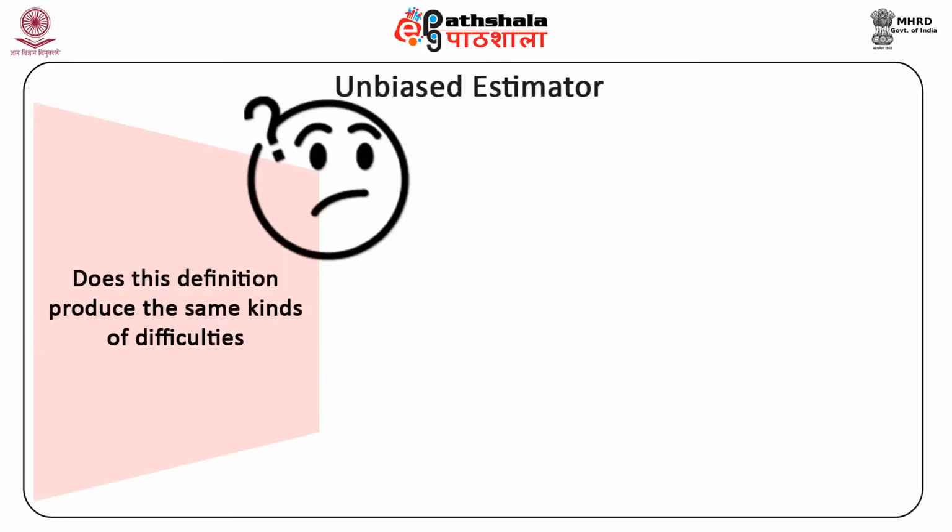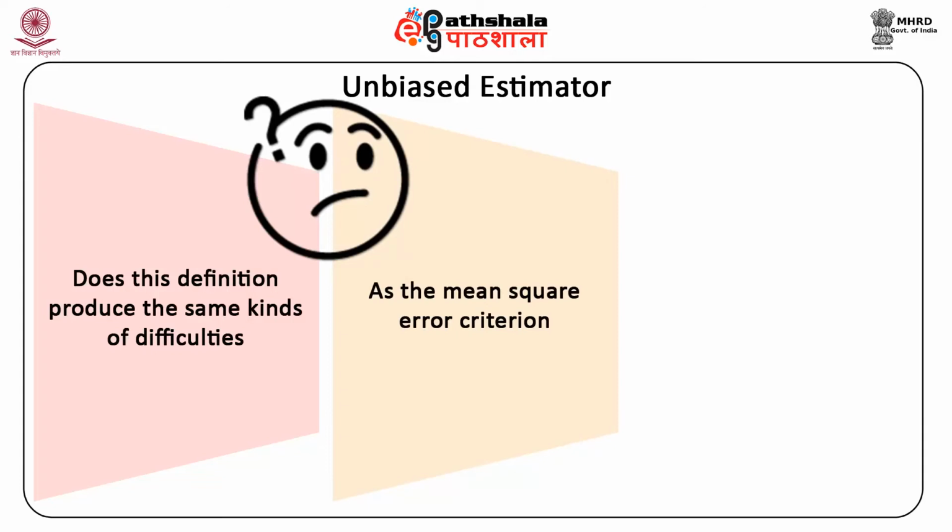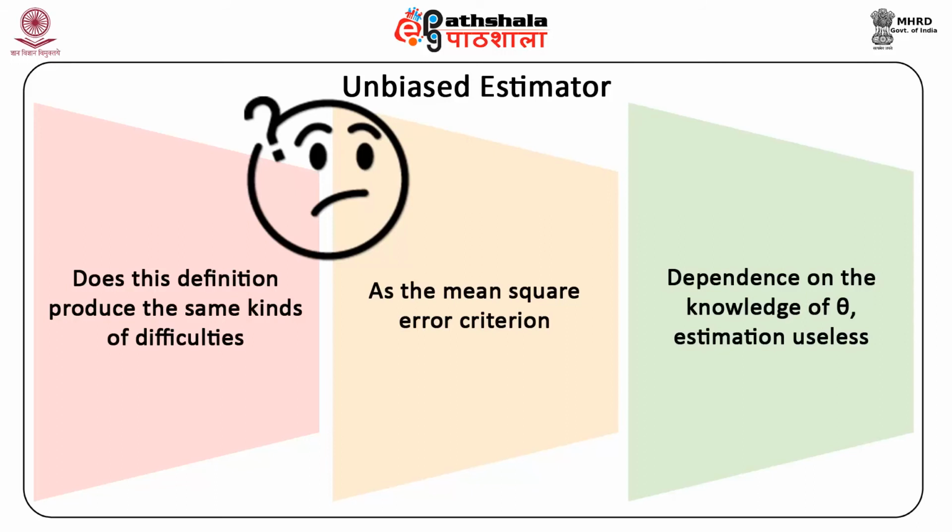Does this definition produce the same kind of difficulty as the mean square error criterion, namely its dependence on the knowledge of theta, which in turn renders estimation useless since theta is already known?